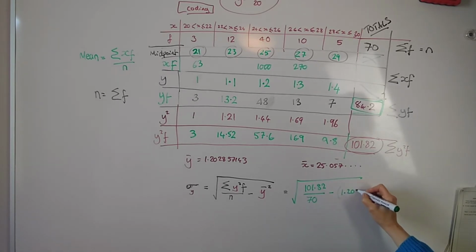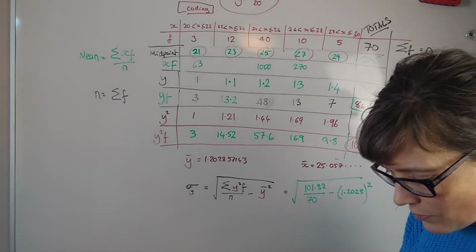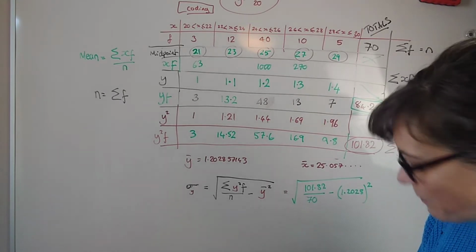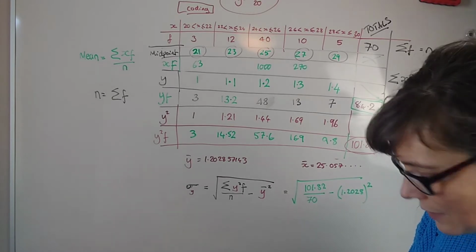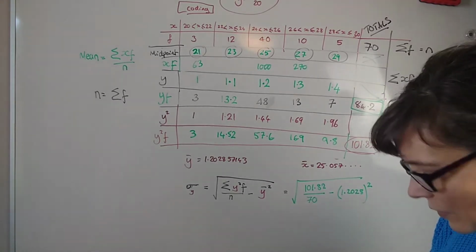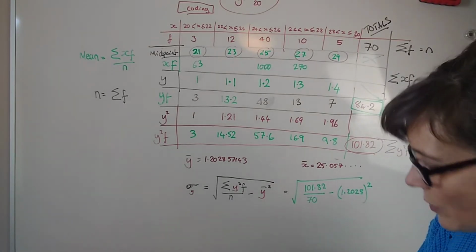Now, the more accurate you can get this number, the better. So I'm going to try and put it all in. So divide that by 70, subtract the 1.202857143.